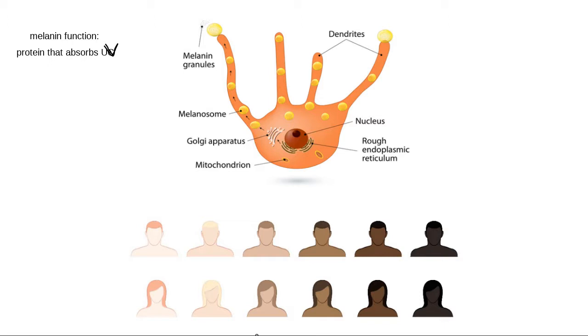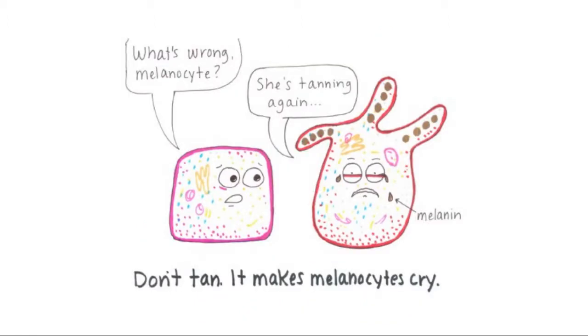Now, there is a way for you to increase the amount of melanin that your melanocytes make, and that's called tanning. So tanning is when you purposefully expose yourself to UV radiation, which is the kind of stuff that the sun has, that has the ability to mutate your DNA.